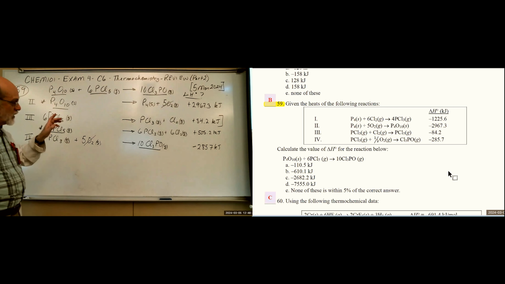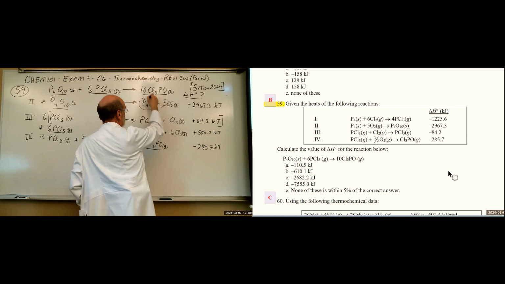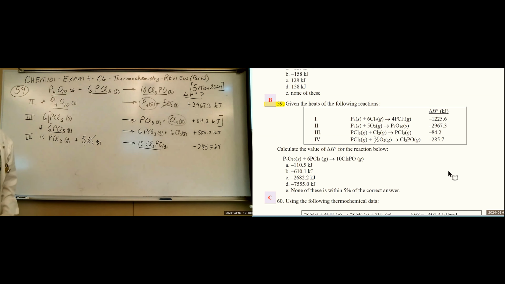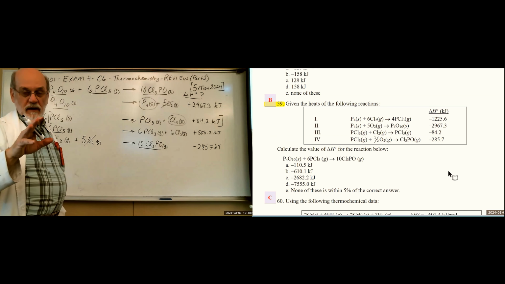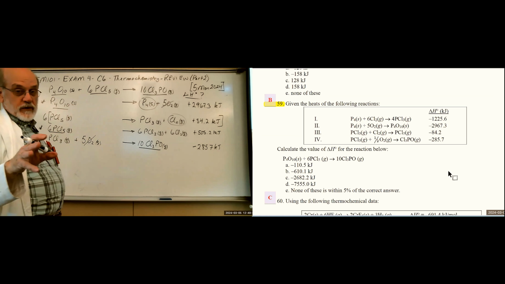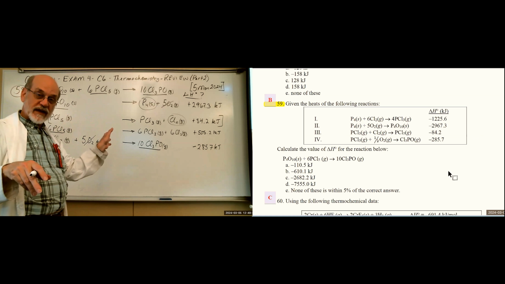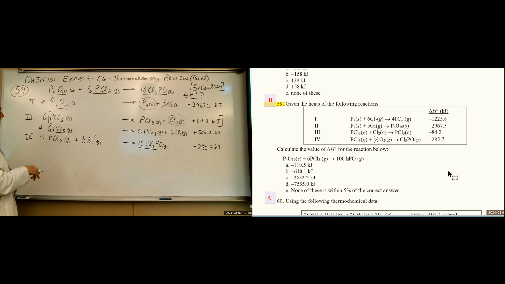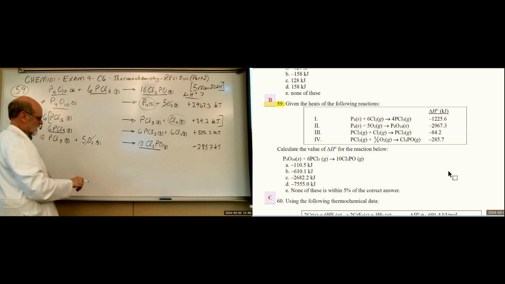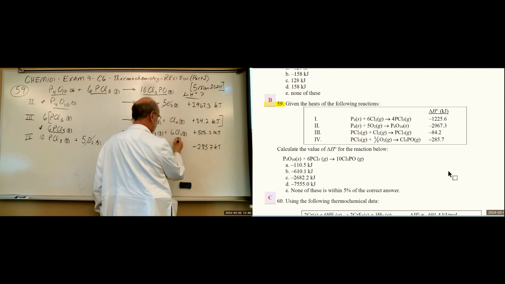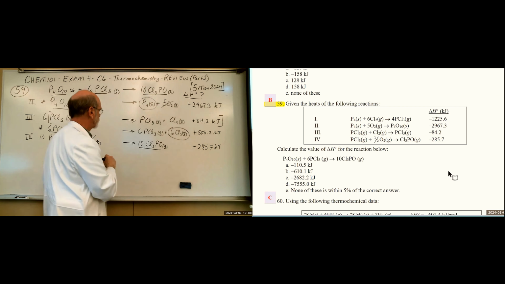So we've got to look for P4 and Cl2 on this side. We're trying to remove those from the combination. So that's where number 1 comes in. We've used 2, 3, and 4, so 1 is going to be in, and it's got P4 and Cl2 on the left-hand side. We're using this one.